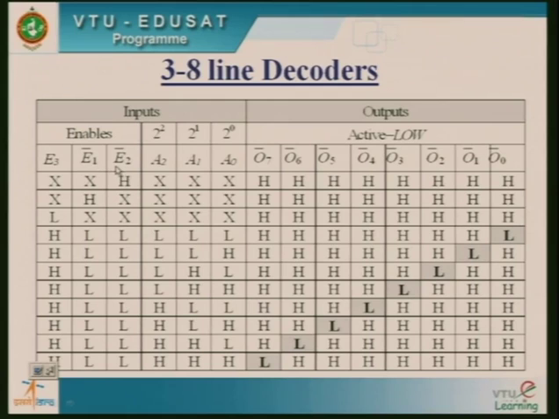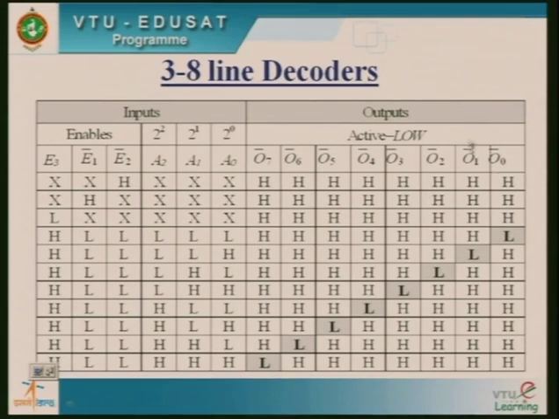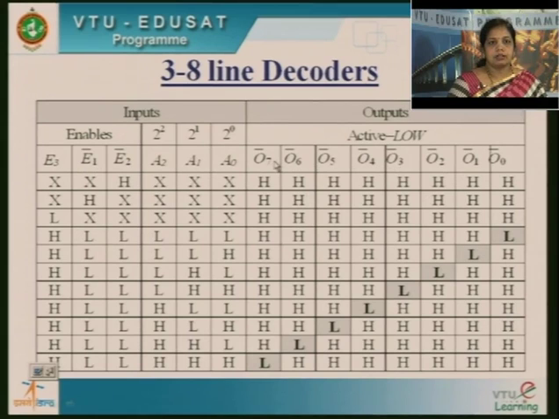So especially this 74138 has got 2 active low pins and 1 active high pin, and it has got 3 input signals and 8 output signals. So now you can just see these combinations. If this enable 2 is high, this is violating the rule, so you will not get the output.